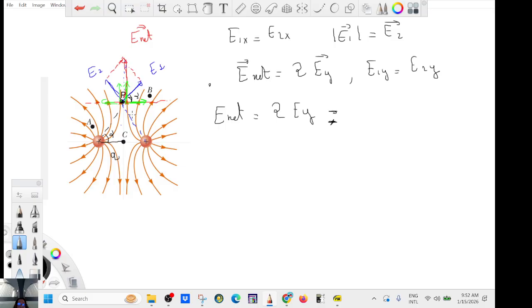It's a, and that distance here is y. So just apply the equation of the electric field, k times the source divided by the distance squared. And the y component, you see, it's a sine.